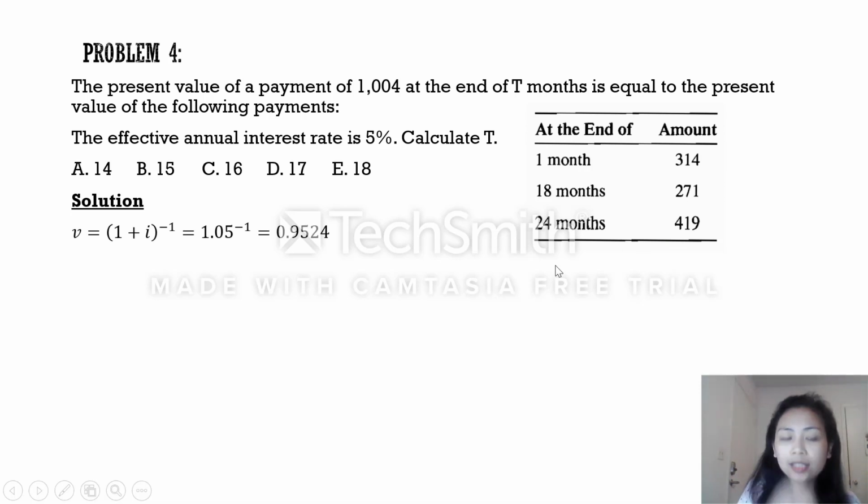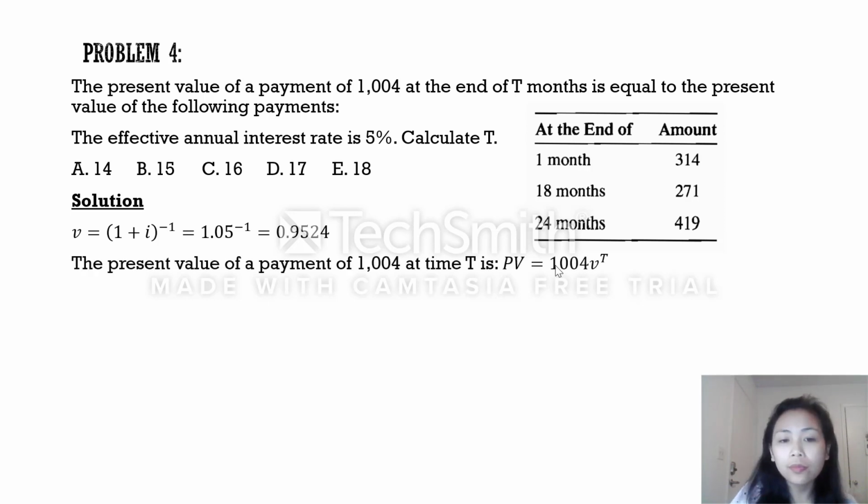So first, let's set v equal to (1 plus i) to the negative 1, that is 1.05 inverse, and v is 0.9524. So the present value of the payment of $1,004 at time t is 1,004 times v to the t.